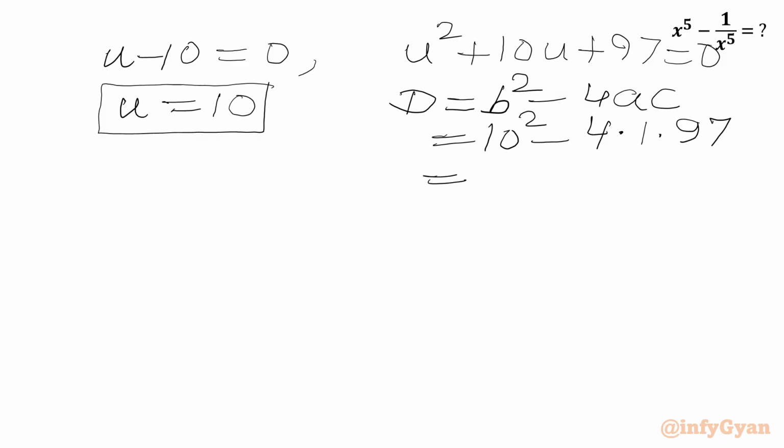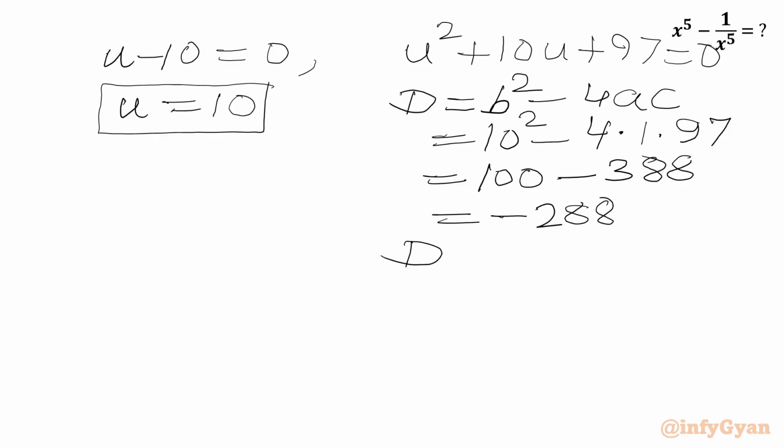So I can write 10 square is 100 minus 4 times 97, which is 388. So the discriminant value will be minus 288. Once the discriminant is negative, we are going to get complex solutions.